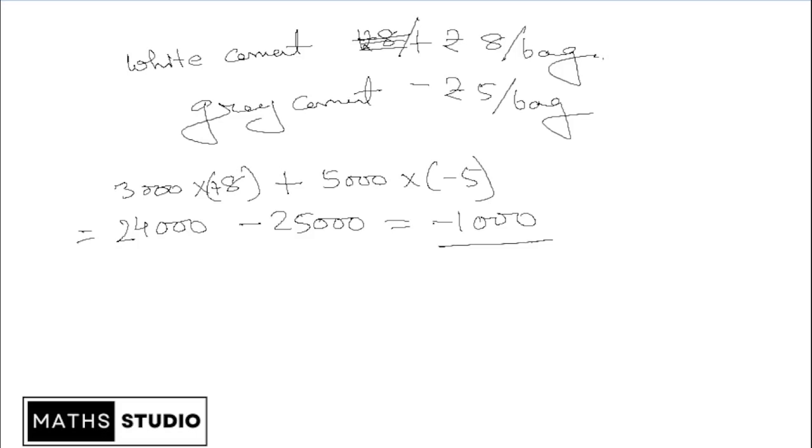Now the next question is, what is the number of white cement bags it must sell to have neither profit nor loss if the number of grey bags sold is 6400? The loss incurred by selling 6400 bags of grey cement would be 6400 into minus 5, which gives minus 32,000.